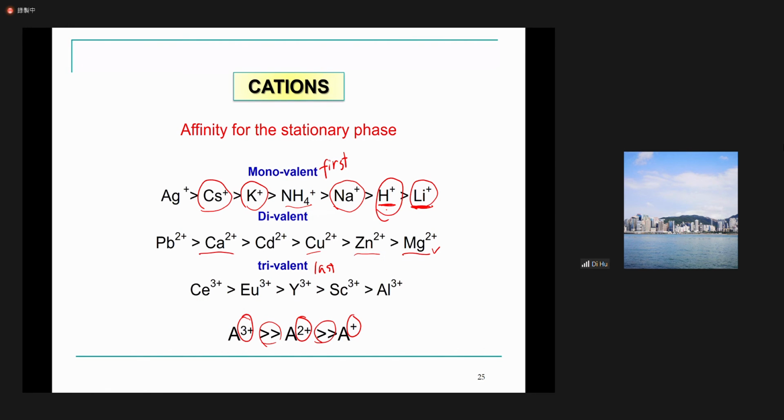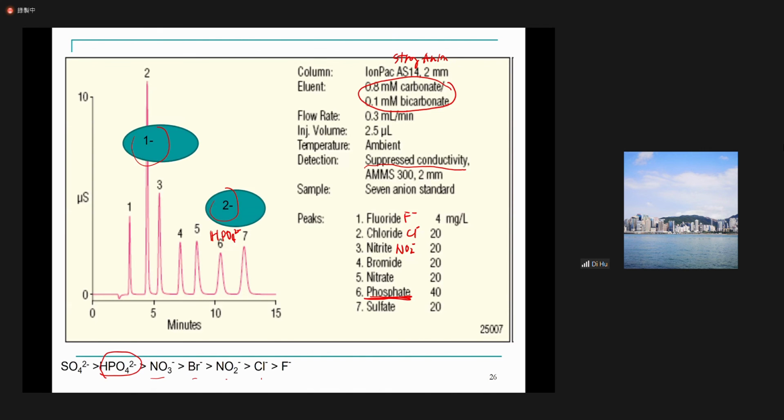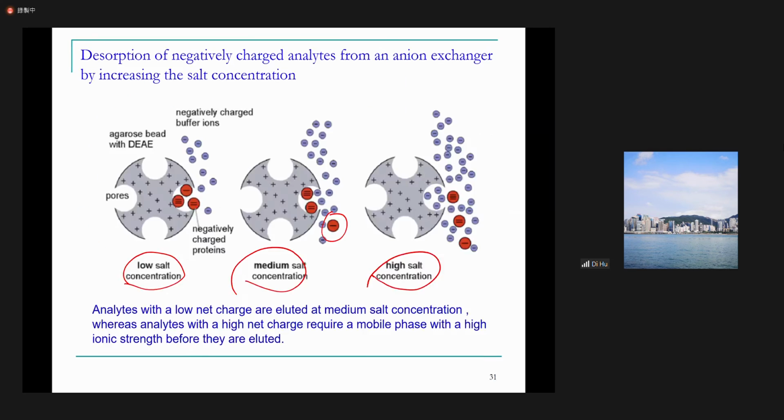Hydronium ion can be replaced by sodium, because sodium has stronger affinity and is more competing. So sodium in the mobile phase replaces it, and that is why hydronium ion comes out.